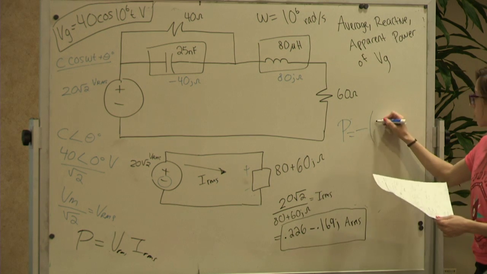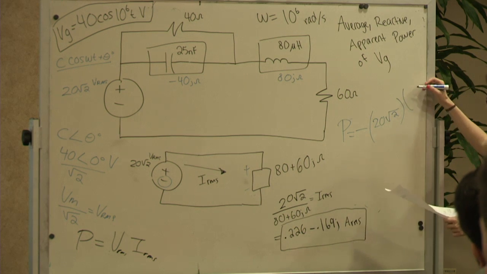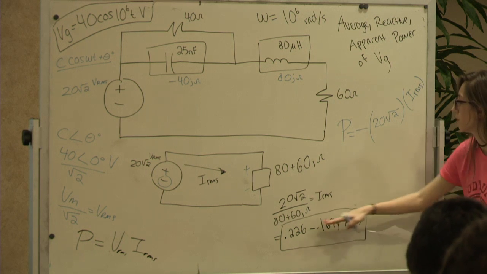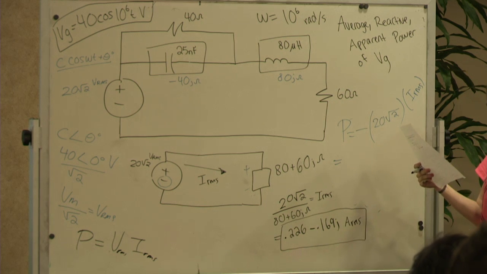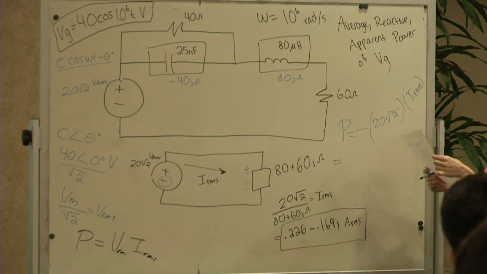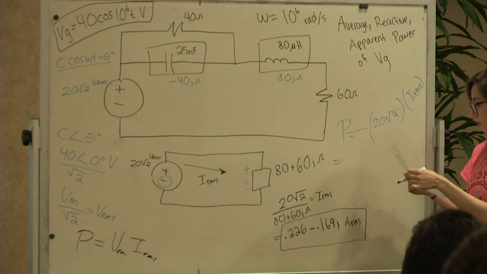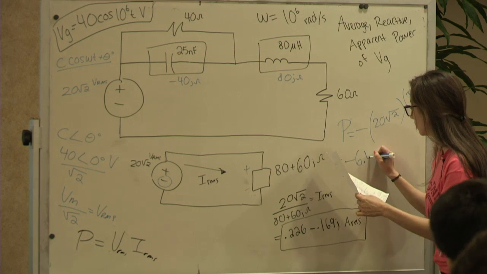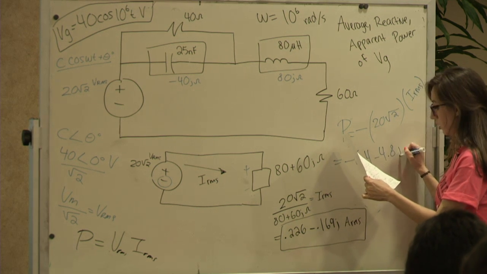V is 20 root 2 times the IRMS that we got right here. And this will give you, let me see, negative 6.4 minus 4.8j.